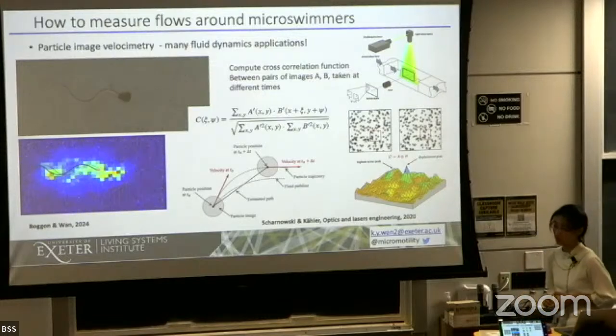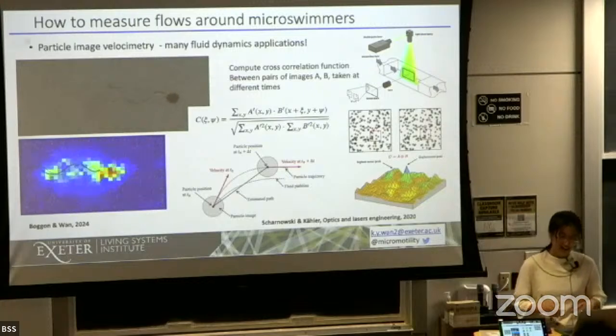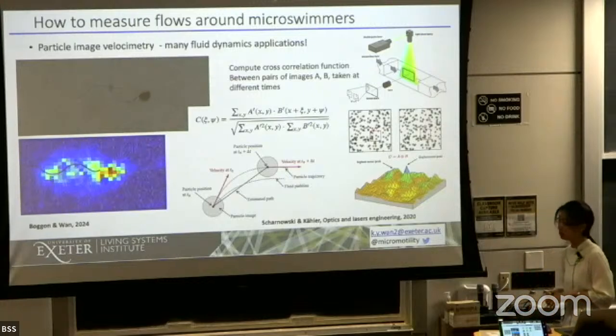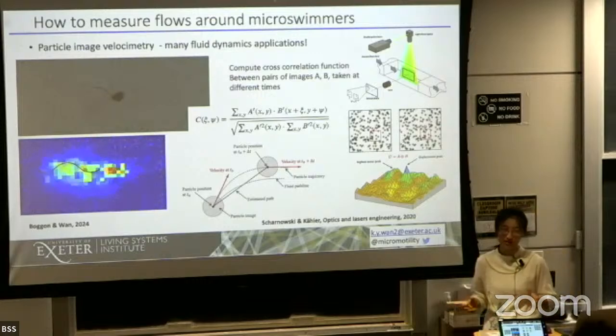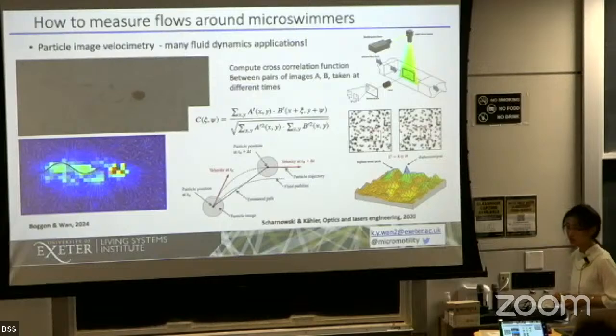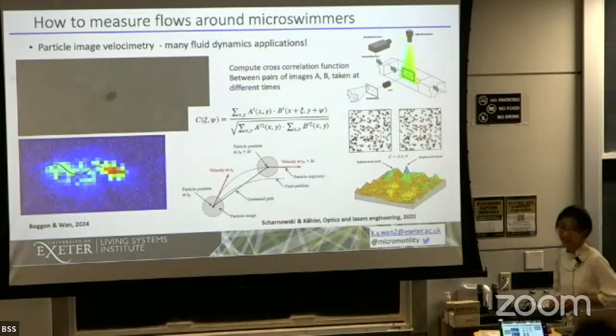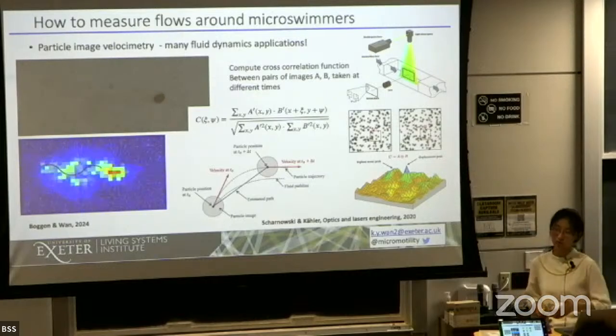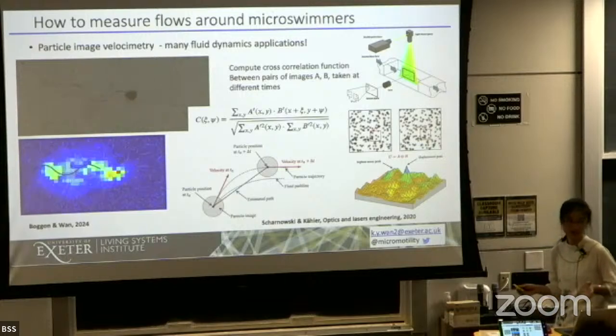What you do, either in a large scale context, when you have a large volume of fluid, is create a laser sheet, which illuminates just one slice in this volume.